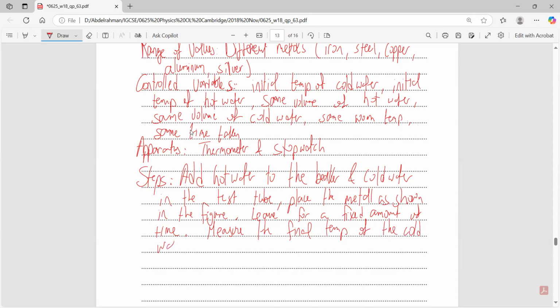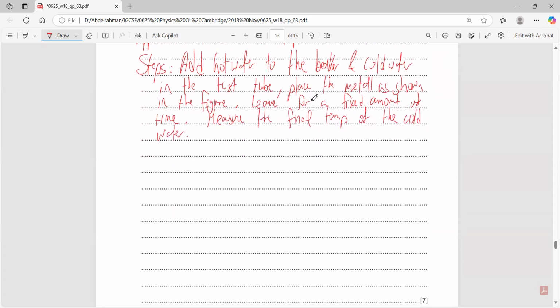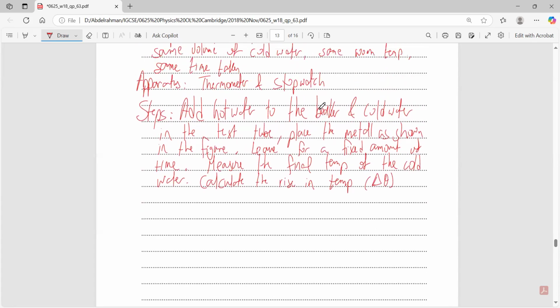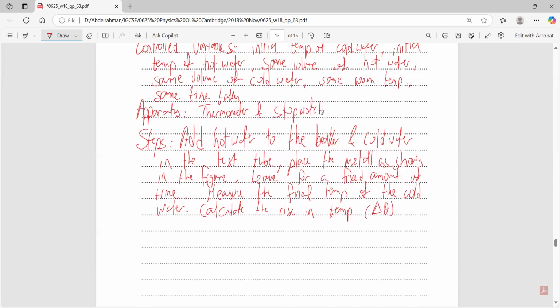And you can say calculate the rise in temperature by saying T2 minus T1, or delta T or whatever, or delta theta, which is the change in temperature. So this is how you can conduct this experiment. Okay, how can you conduct this experiment? And then you need to repeat for the different metals.